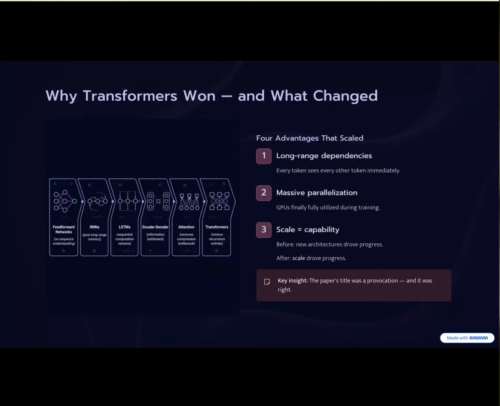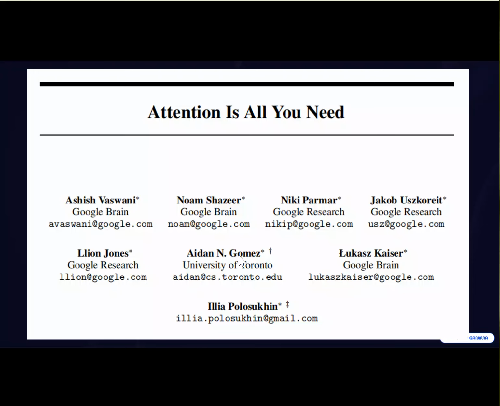Then came attention, which removed the compression bottleneck. Then come the transformers, which removed the recurrence entirely. And this brings us to the central contribution of the paper we are about to discuss, Attention is All You Need. This is why transformers were introduced. Basically, in our next talk, we will examine how the paper actually works.